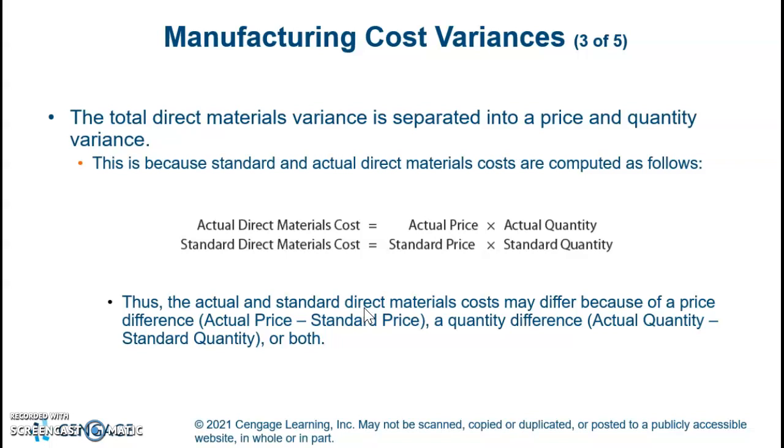So breaking it down into these two variances is going to give management a lot more information. To look at the price difference, you look at the actual price minus the standard price, and to look at the quantity difference, you look at the actual quantity minus the standard quantity.